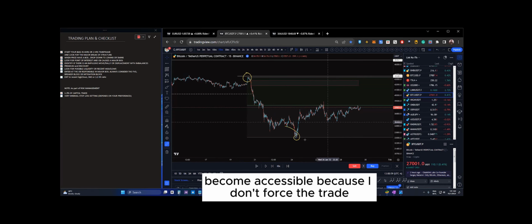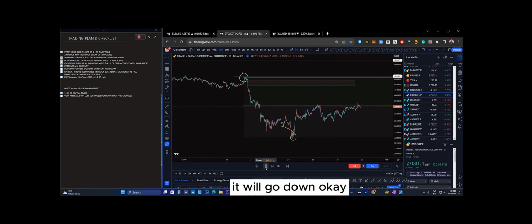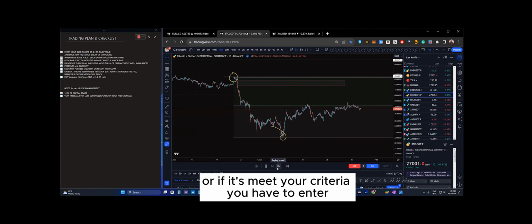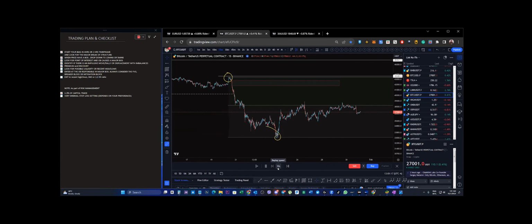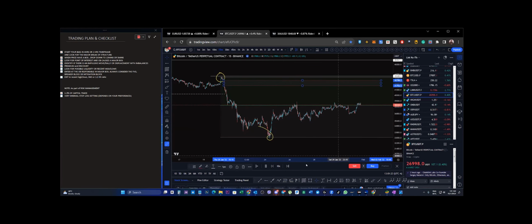Huwag ka magsesell because, don't force the trade. Stick to your plan. Okay? Stick to your plan. Kung it will go down, okay, move to next trade. If it doesn't go down, okay, or if it is meet your criteria, you have to enter the trade. Ganun lang siya kadali.